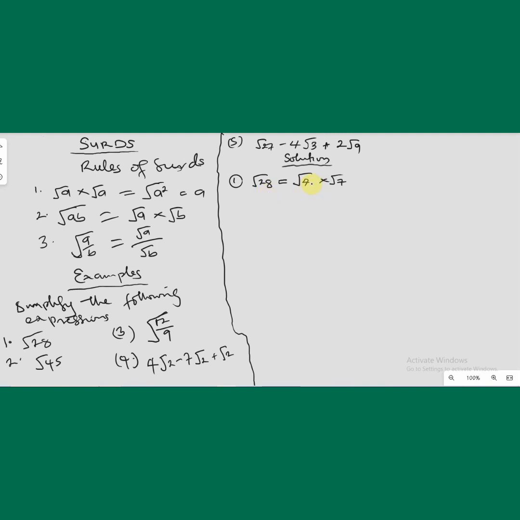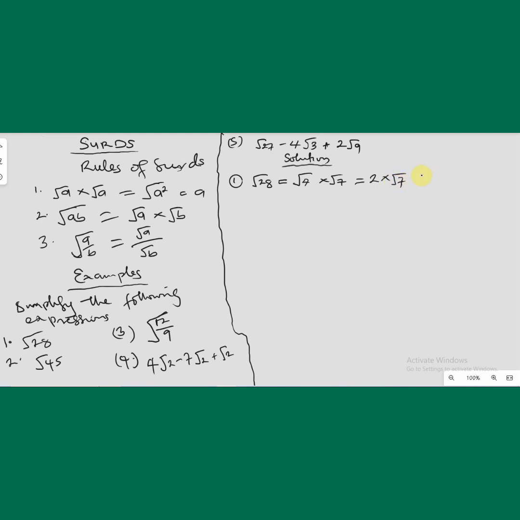You know that square root of 4 is not a surd because you can simplify it further, that is, you can get the square root of 4, which is 2. But surd 7 is actually a surd because you can't simplify 7 further. So this is equal to square root of 4 is 2, times surd 7.